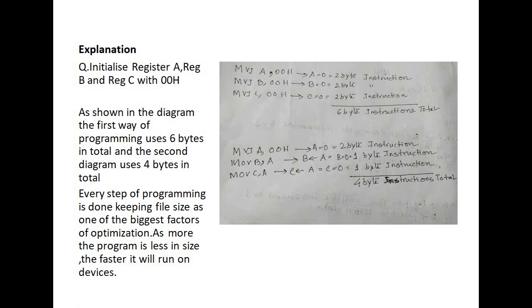The basic thing is, whenever we do programming, we have to keep in mind the file size of the program. Every step of programming is done keeping file size as one of the biggest factors of optimization, because the smaller the program is, the faster it will run on devices.